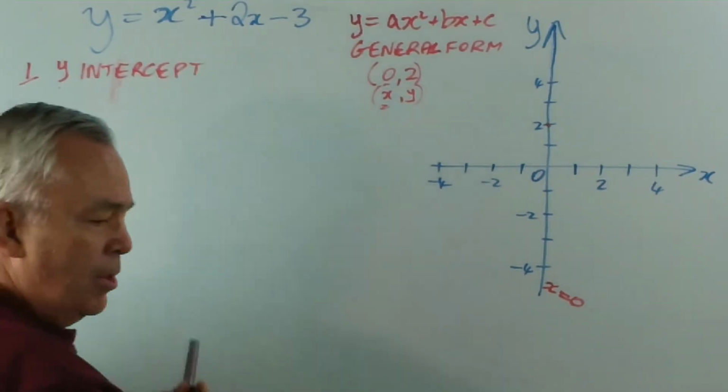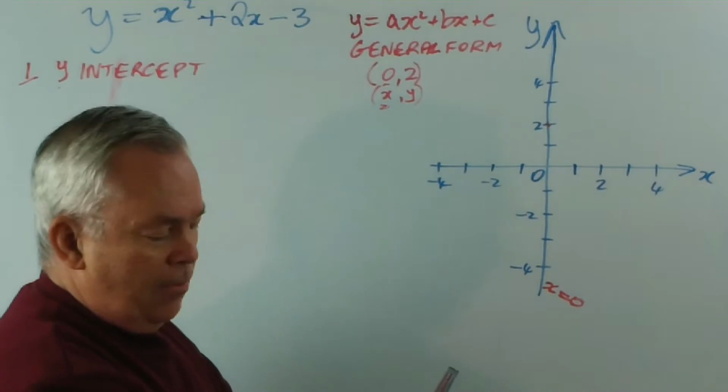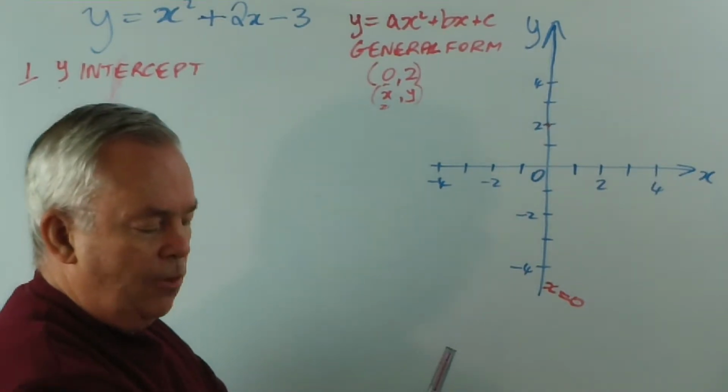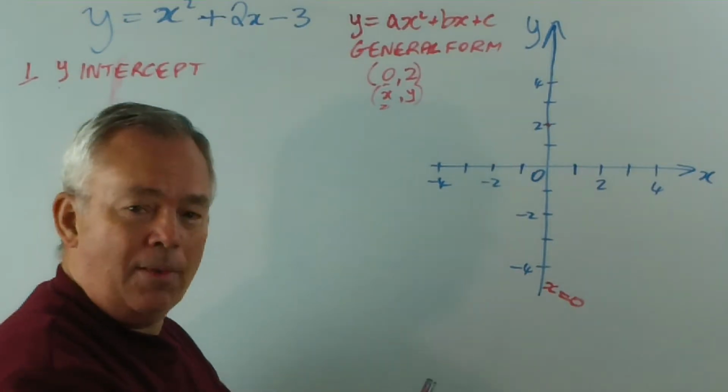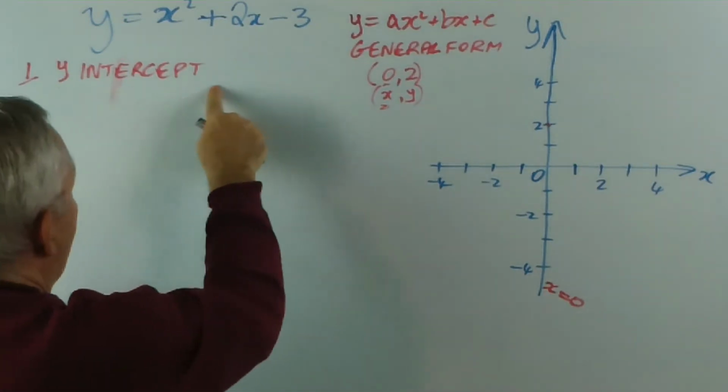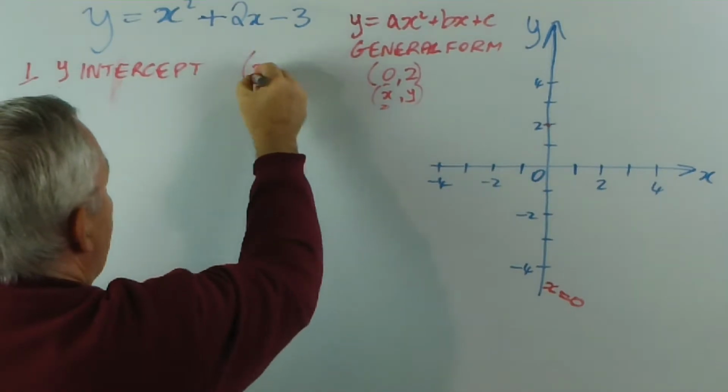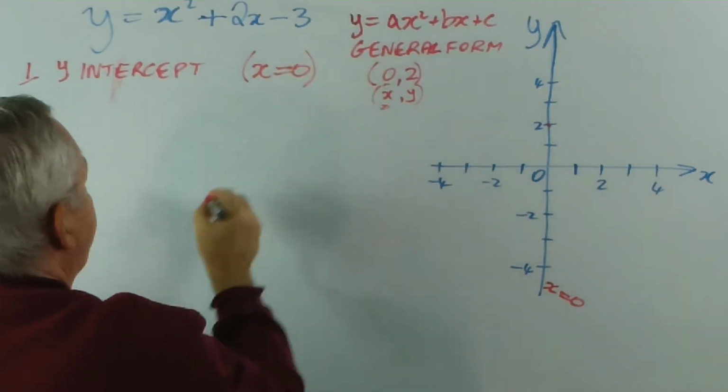Now, when I'm teaching my students, every time we find these 4 items on a parabola, I get them to also write how they're going to do it. So to find the y-intercept, we're going to substitute x equals 0.